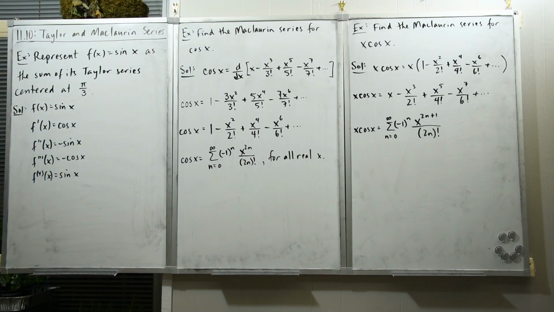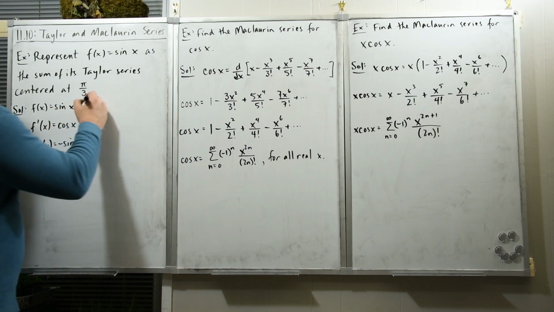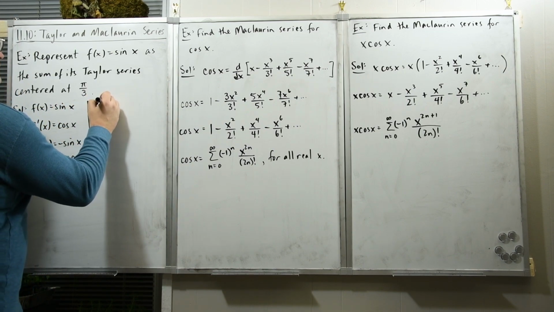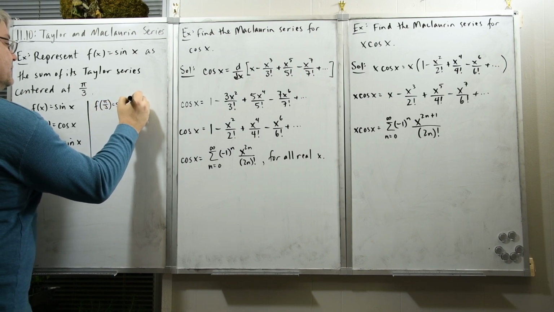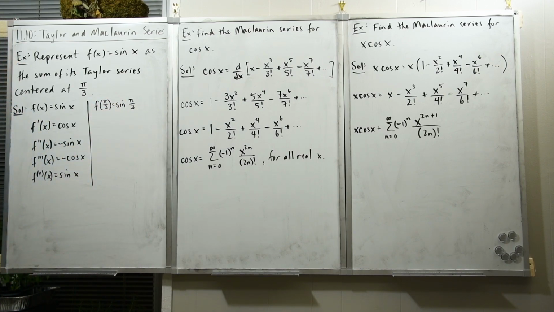So, same list we had not too long ago, because after all we are dealing with sine x yet again. It's just that this time, instead of evaluating all these different functions at x equals 0, we're going to do so at x equals pi over 3. And so f of pi over 3 is the same thing as the sine of pi over 3, and that's going to be square root of 3 over 2.